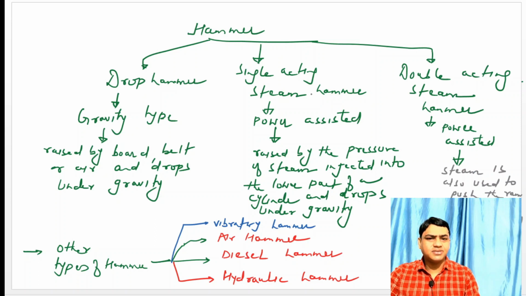What is single acting steam hammer? This is power assisted, and it is raised by the pressure of steam injected into the lower part of a cylinder and drops under gravity.